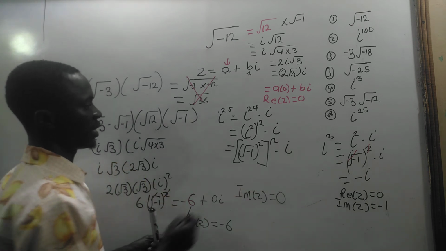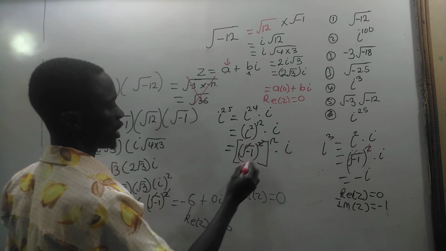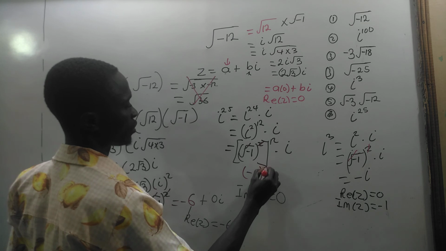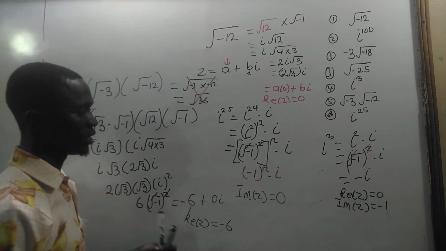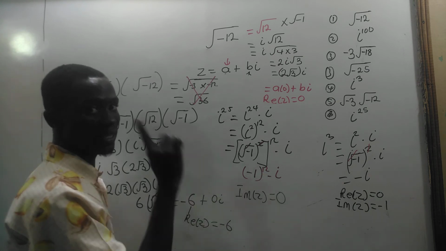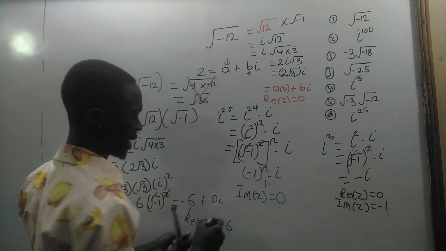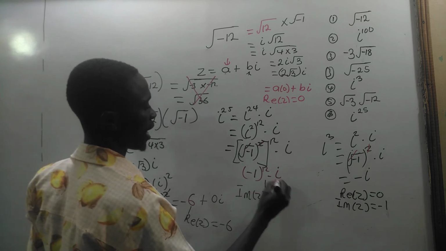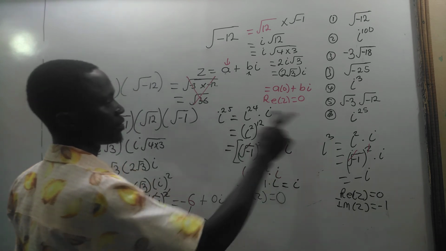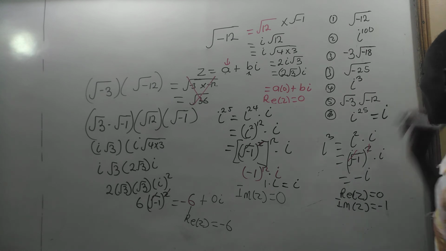So this square will cancel this square root and we have negative 1 to the power 12 times i. And we know that a negative number raised to an even power is a positive number. So here we are going to have positive 1 times i, and that will give us i. So i to the power positive 25 is equal to i.